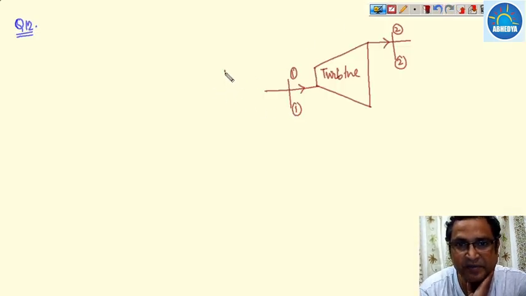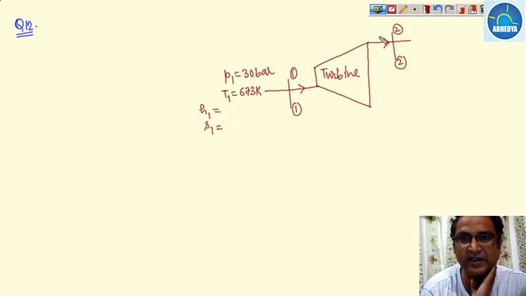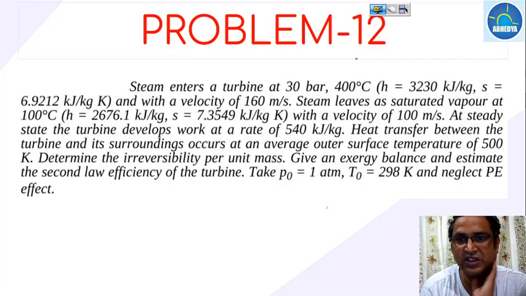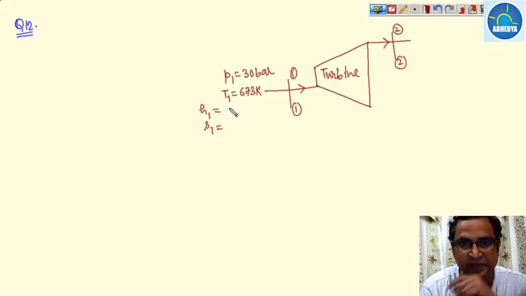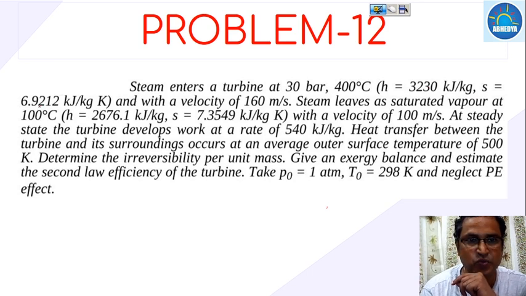So here pressure is 30 bar, temperature is 400 degrees centigrade, that is 673 Kelvin. At the same time the enthalpy and entropy values are given. The enthalpy value at the inlet is 3230 kilojoule per kilogram, and the value of entropy is given as 6.9212.